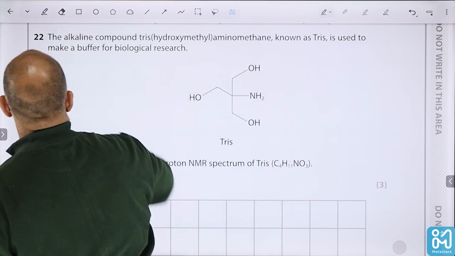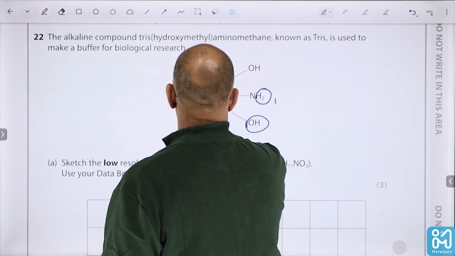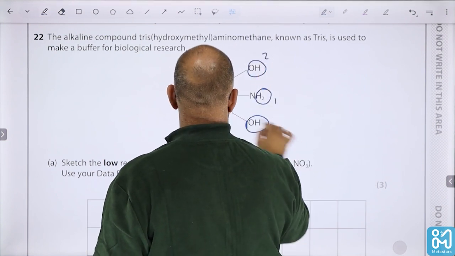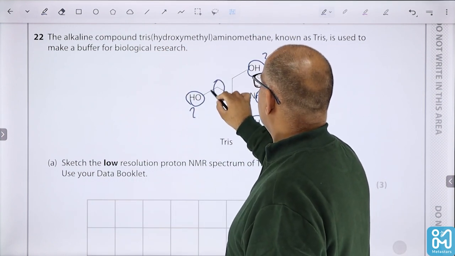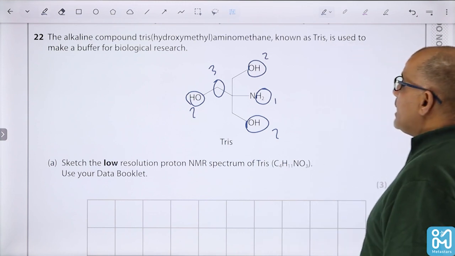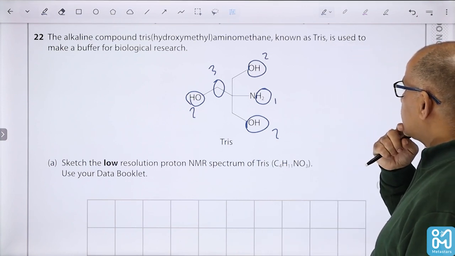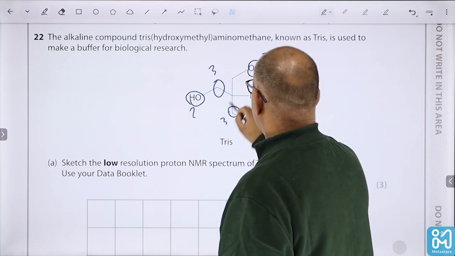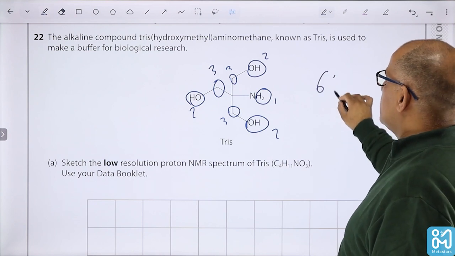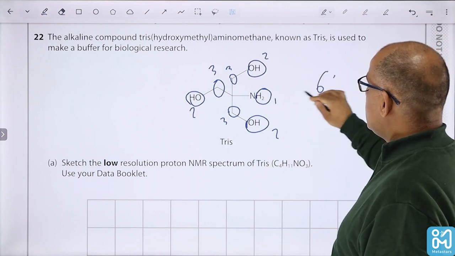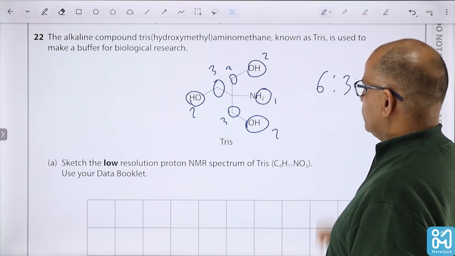Here we have 3 different environments, 1, and those are 2, and here we have the third. The ratio between the structures, this is also 3, this is also 3. You can find 6 to 3 to 2.